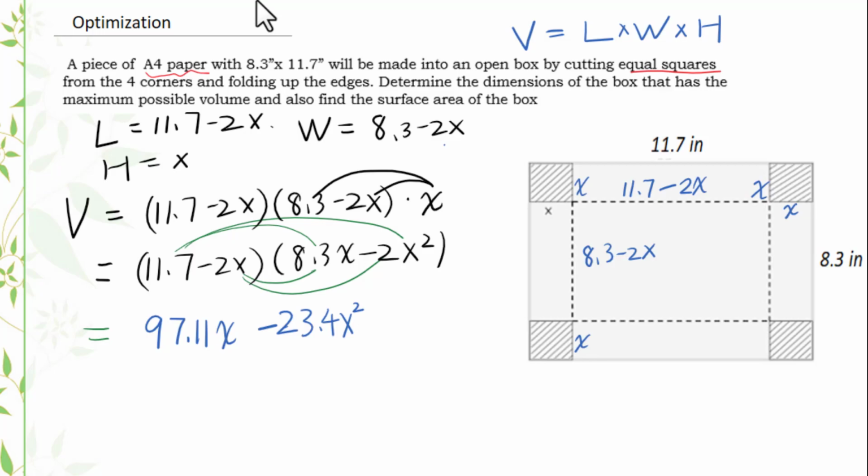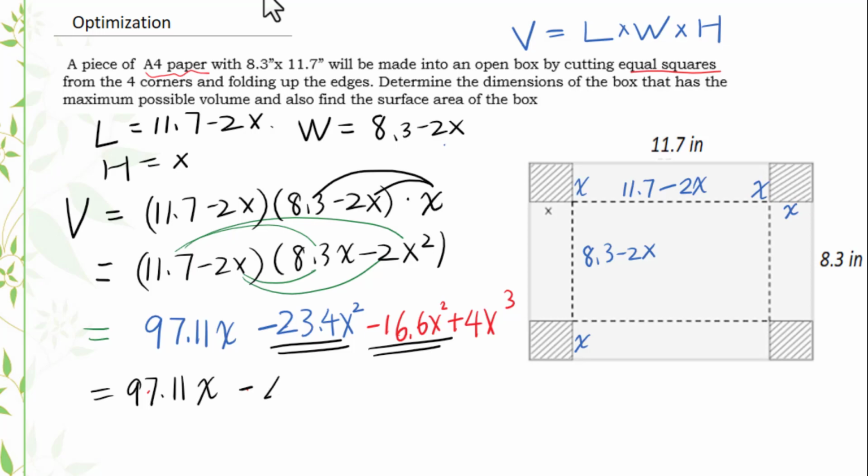Negative 2x times 8.3x, negative 16.6x squared. Negative 2x times negative 2x squared is a positive 4x to the third power. Combine like terms: 97.11x minus 40x squared plus 4x to the third power.